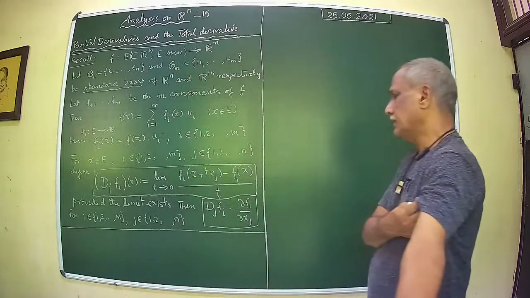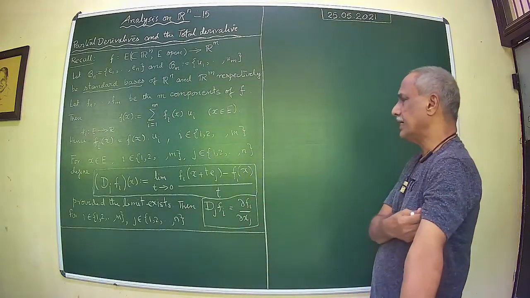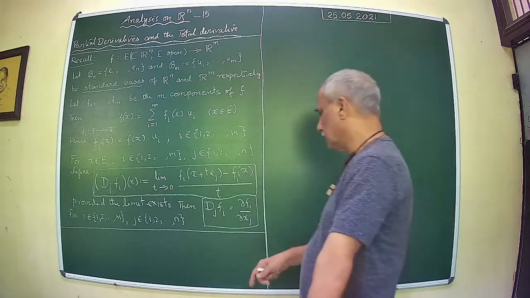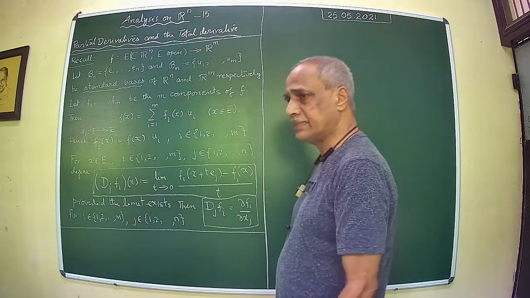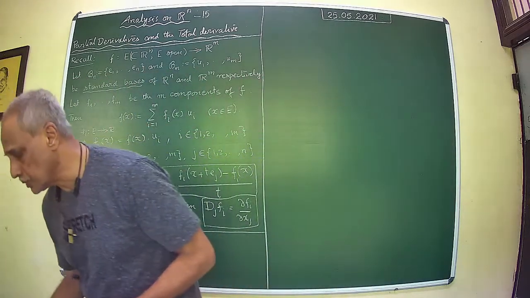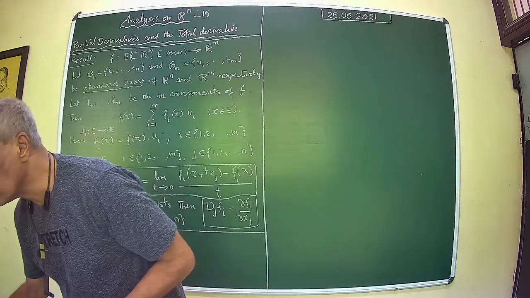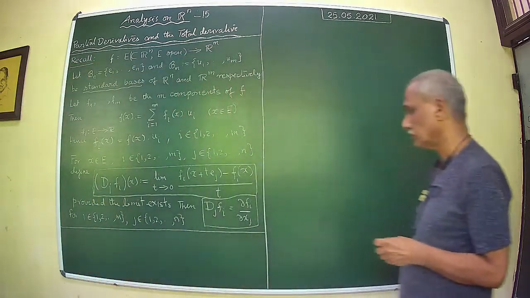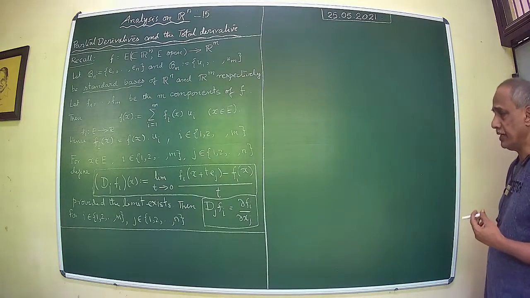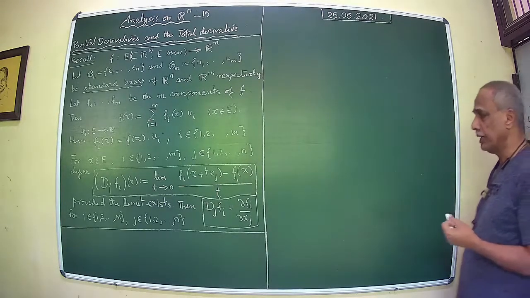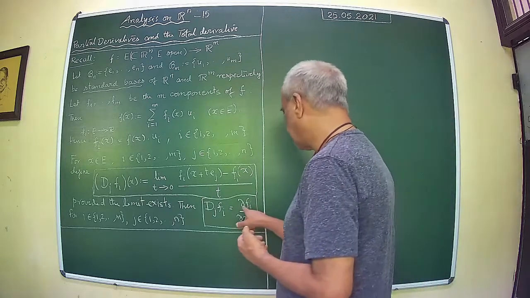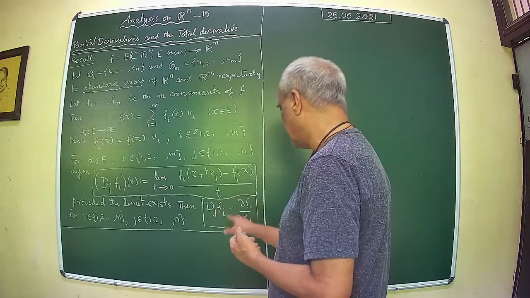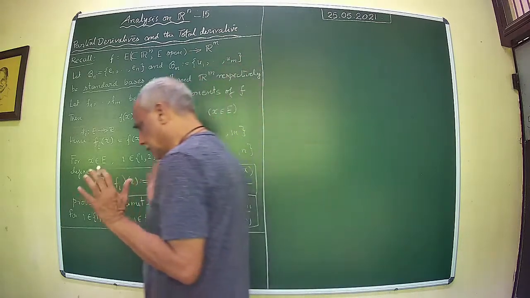Now you see that djFi is essentially the partial derivative of Fi with respect to xj, denoted in this way. So this is the background.